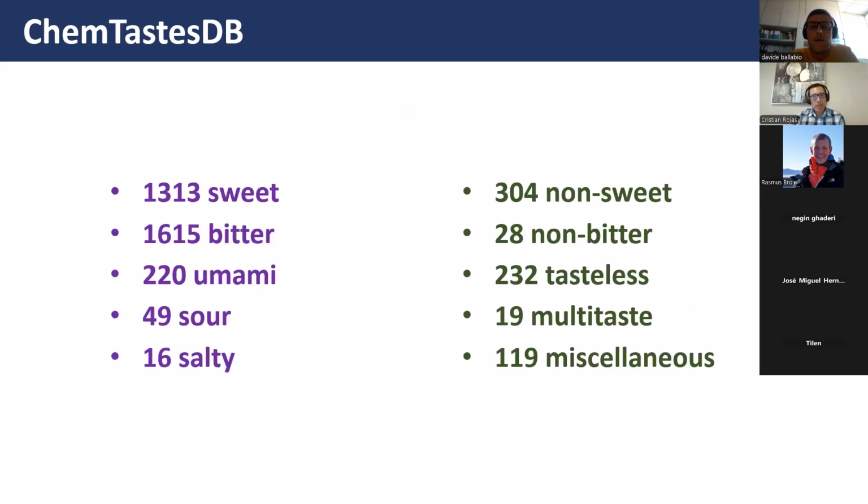In this way, we created a database that contained 10 classes. 5 classes for the basic tastes, that is sweet, bitter, umami, sour, and salty, and 5 other classes related to non-basic tastes, which are non-sweet, non-bitter, tasteless, multi-taste, and miscellaneous classes.